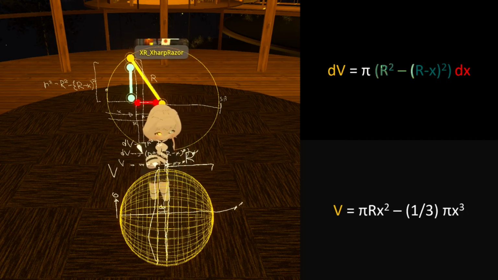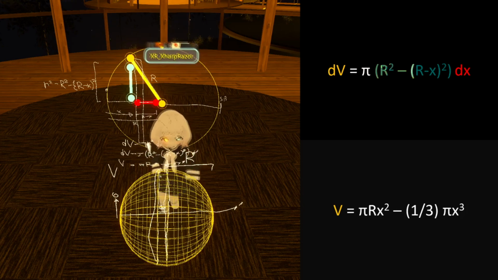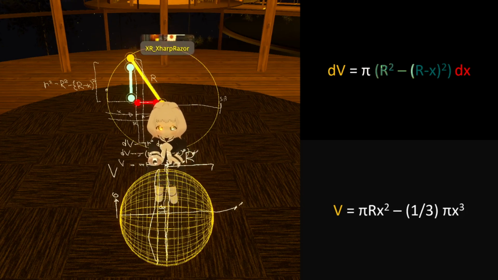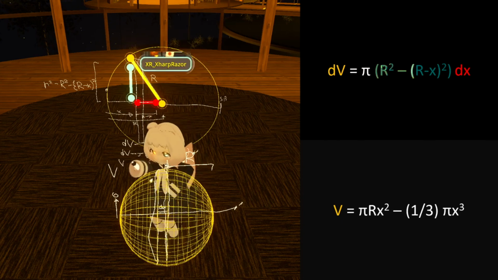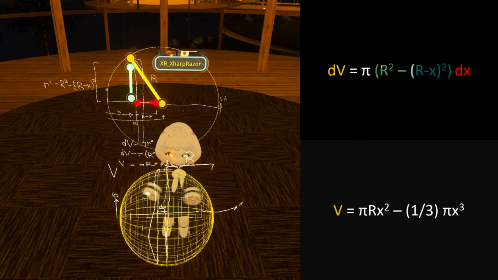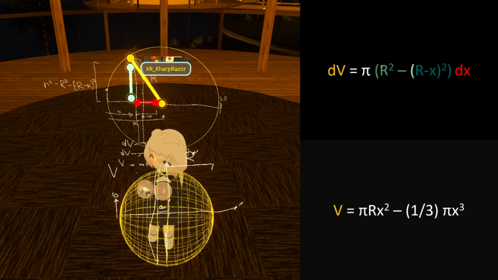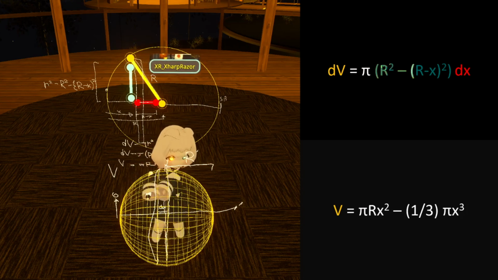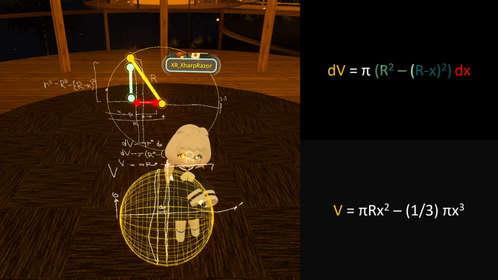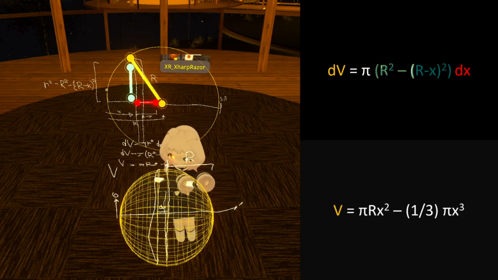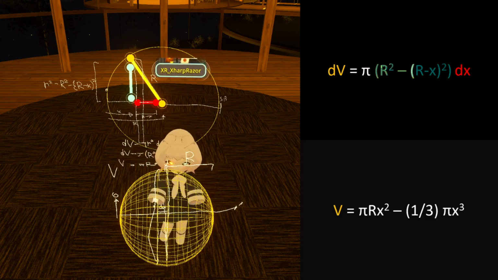This means that if you plug in the x value, as long as the x value is between 0 and 2R, it will give you the volume up to that point. And when x is 2R, you will get the volume of the entire sphere.